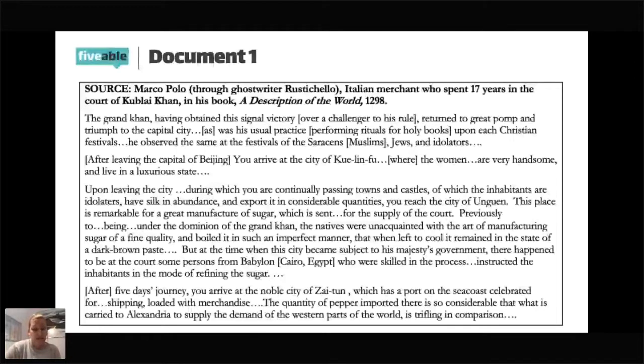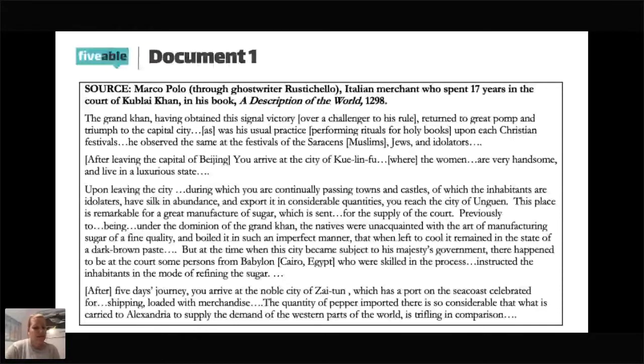This place is remarkable for a great manufacture of sugar, which is sent for the supply of the court. Previously to being under the dominion of the Grand Khan, the natives were unacquainted with the art of manufacturing sugar of a fine quality and boiled it in such an imperfect manner that when left to cool, it remained in a state of a dark brown paste.